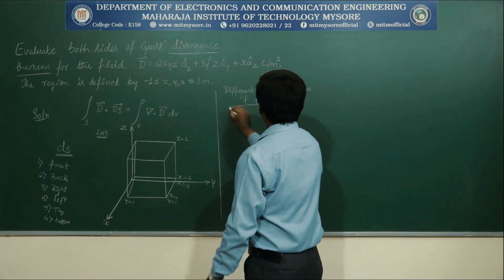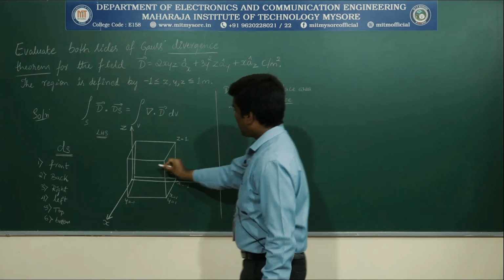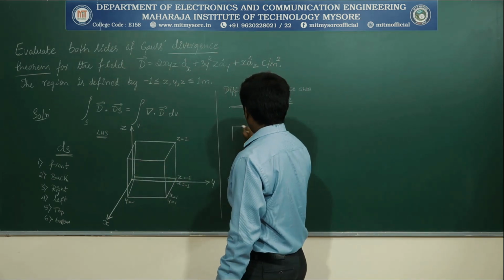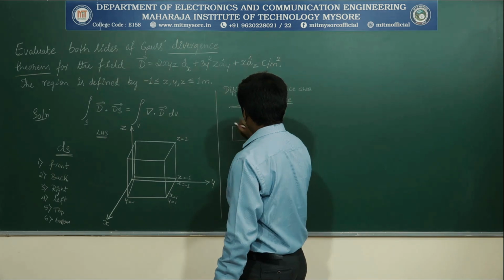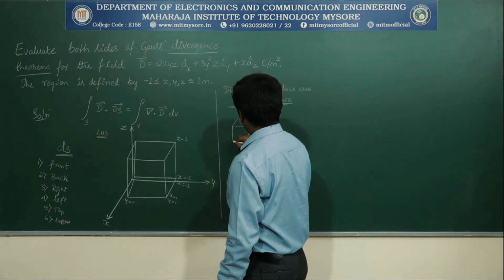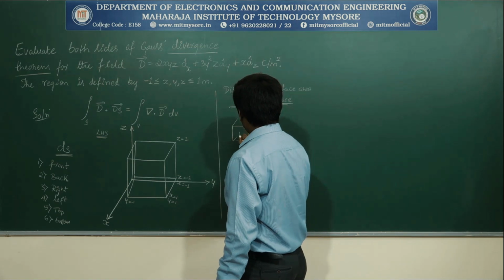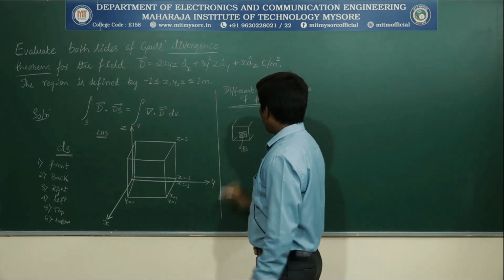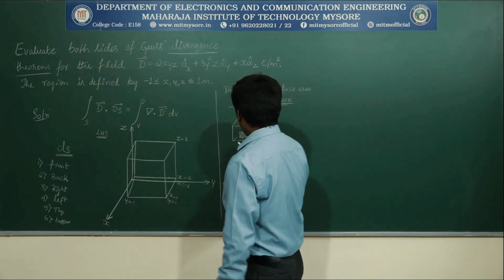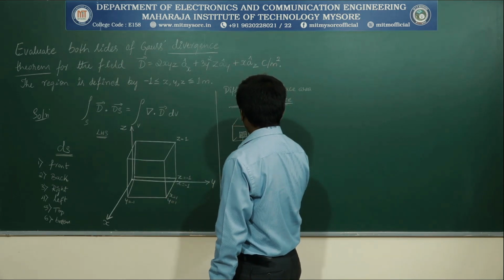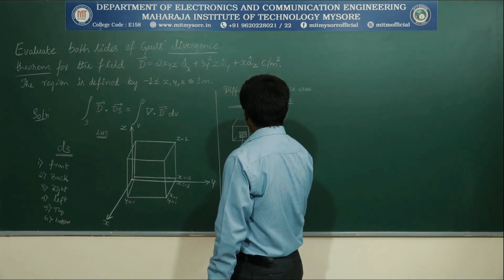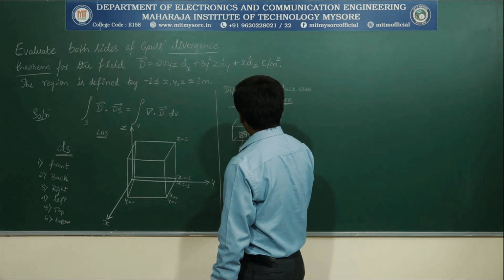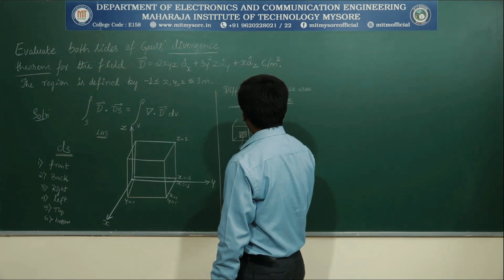For the front face we need to consider this face. Now let us choose a differential area on the front surface. This is dS. What is this length? This length is dy. What is this length? This length is dz.